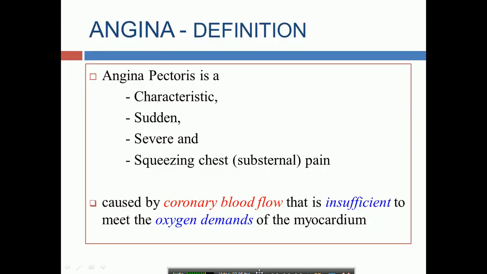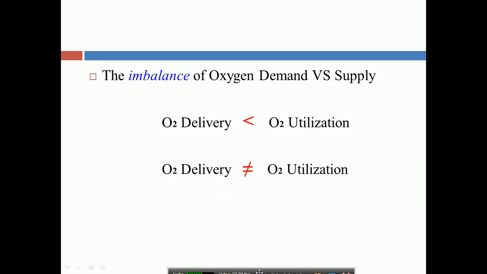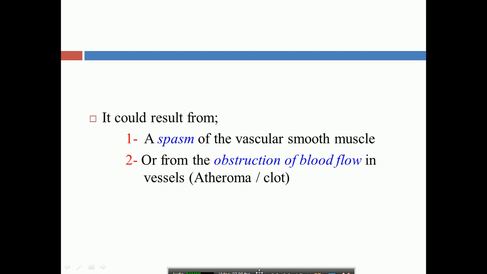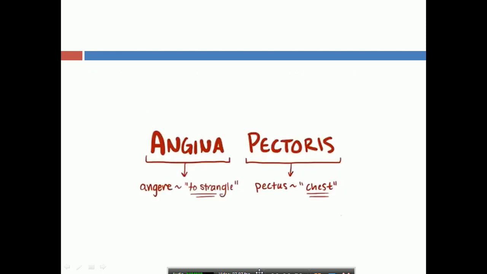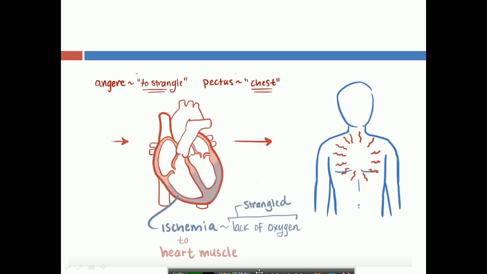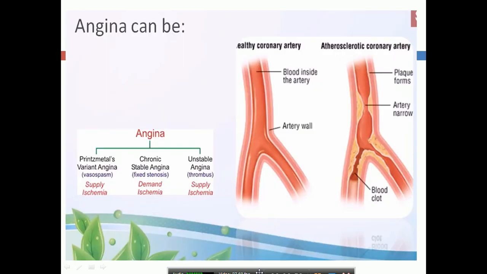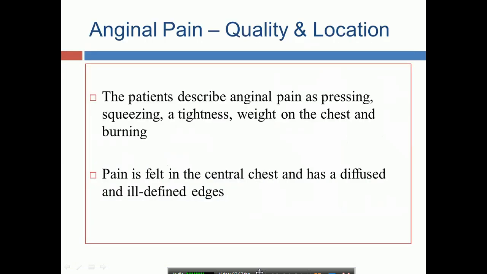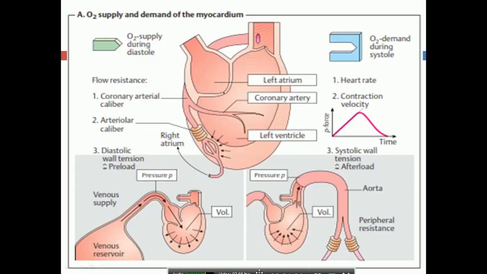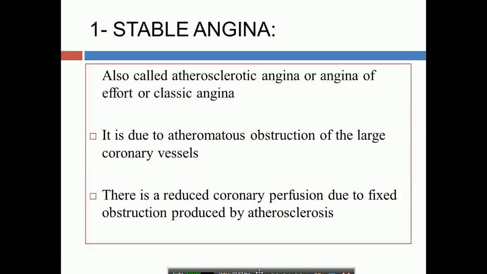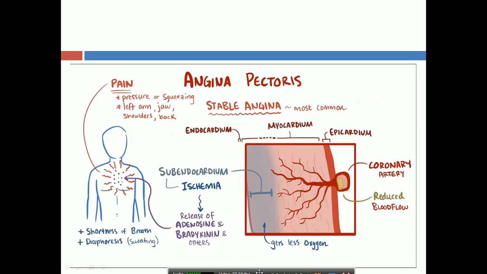What we have already covered about angina as a disease, its definition, its pathophysiology, how the patient will feel, its physiology, and its different types, we have already discussed. Types of angina pectoris we have discussed in class.